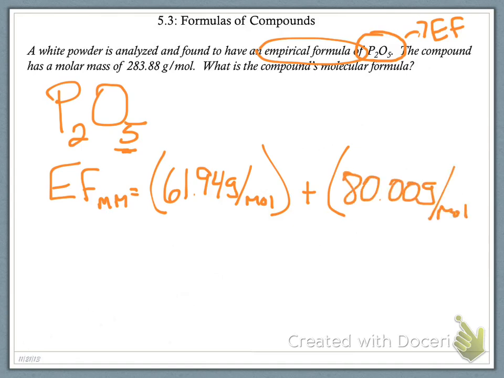Let's add those two up and see what we get. We're going to get 141.94 grams per mole. And again, that equals my empirical formula molar mass.